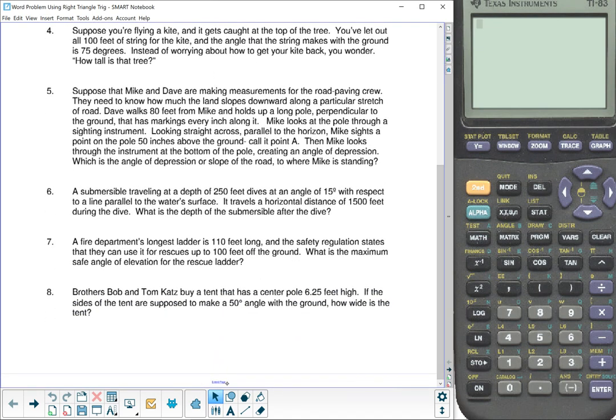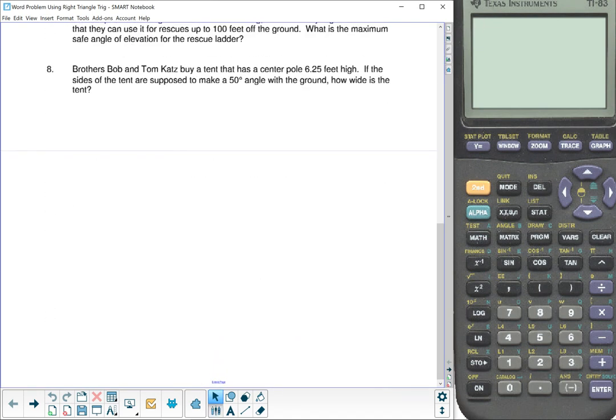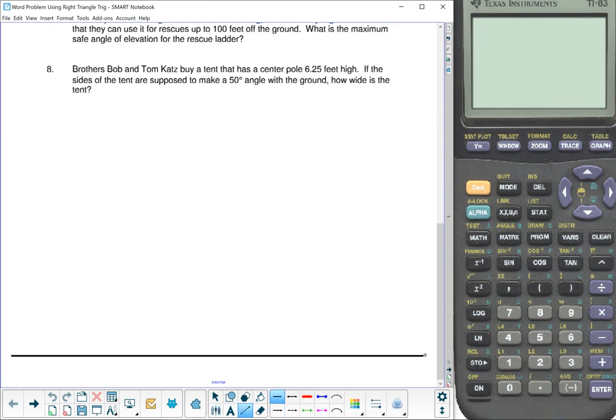Right, so I have the ground. Okay, I have a tower here.